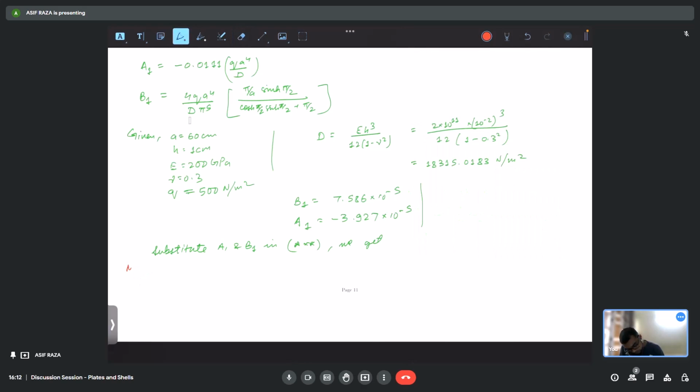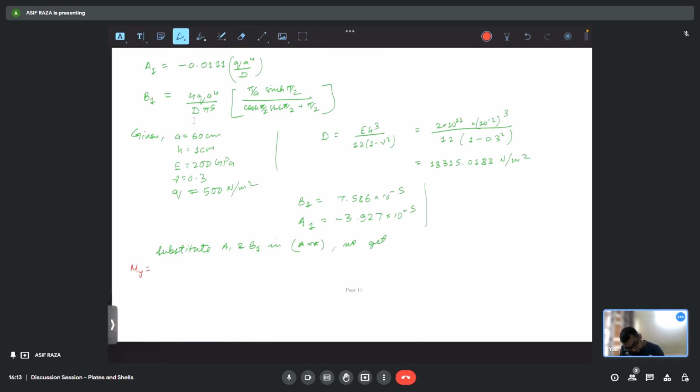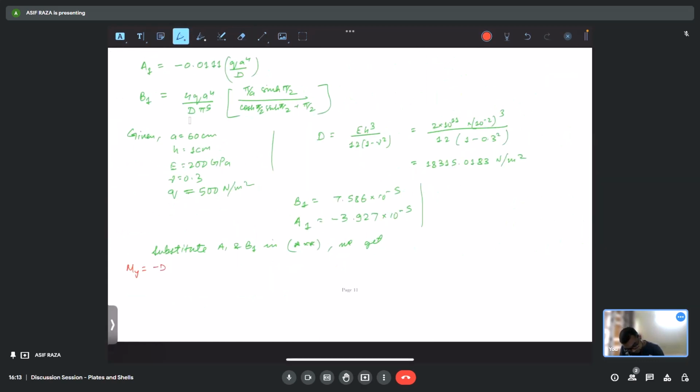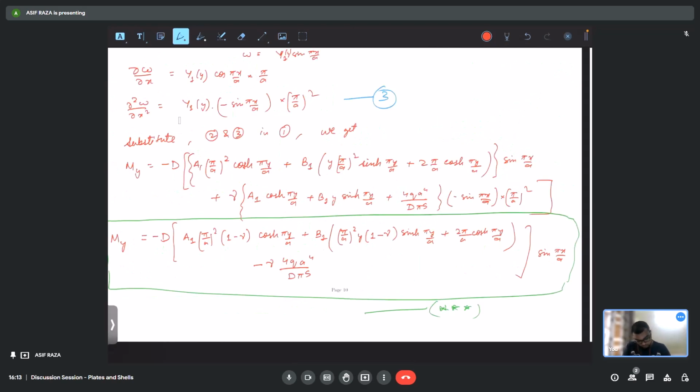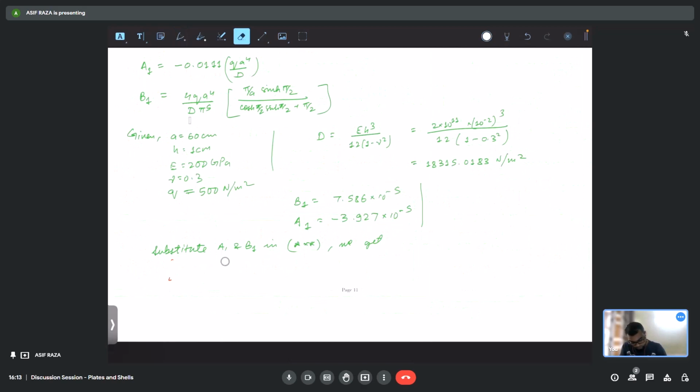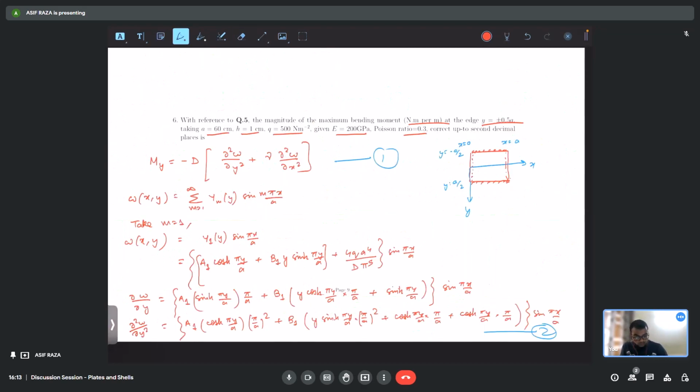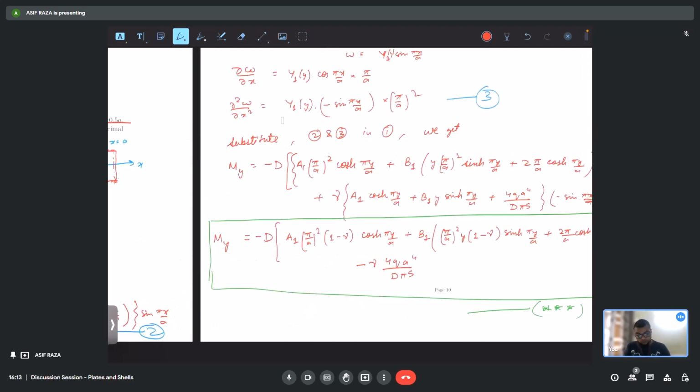So my is equal to, substituting this, and y equal to, so we know that the maximum bending moment will be at the endpoints y equal to a/2 and y equal to minus a/2.